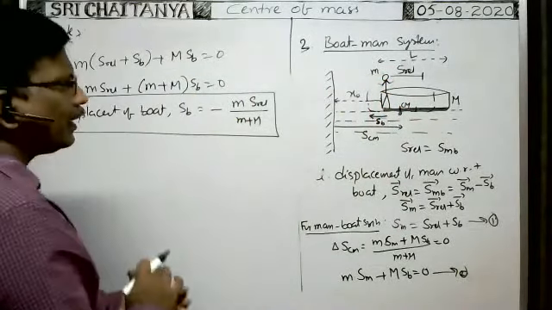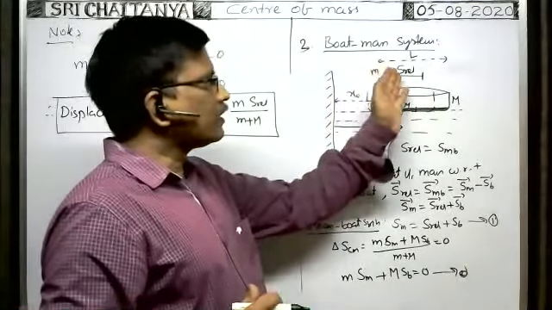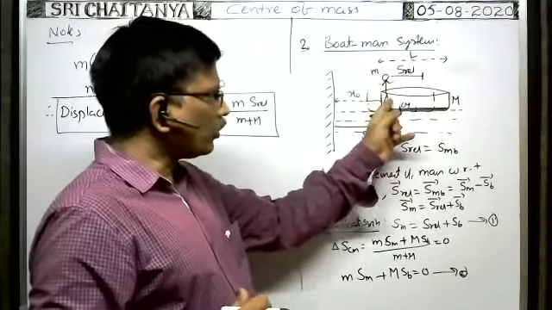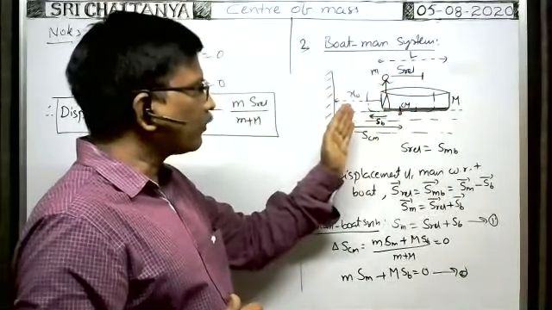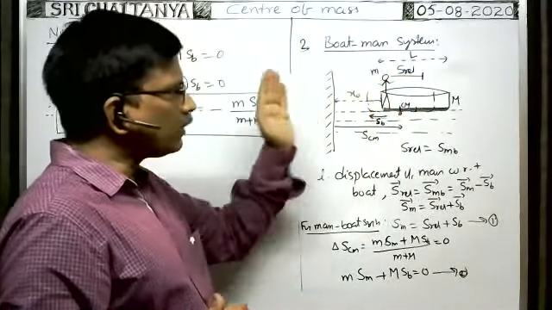Okay. Now, whenever the man travels through a distance equal to S relative and the boat travels through a distance SB, at that time what is the distance of the boat from the bank of the river?